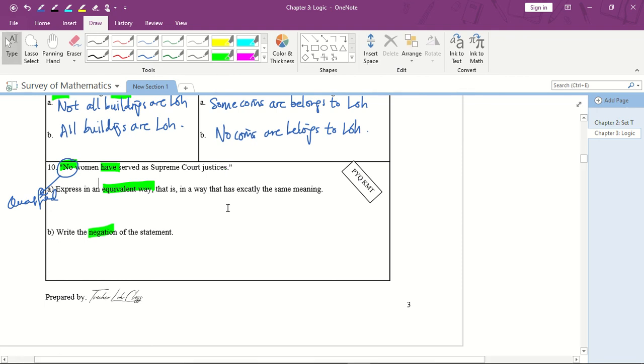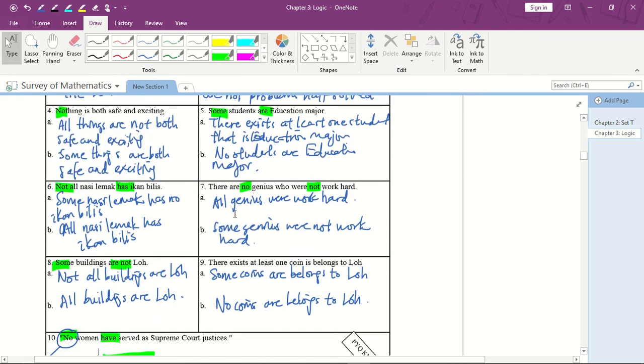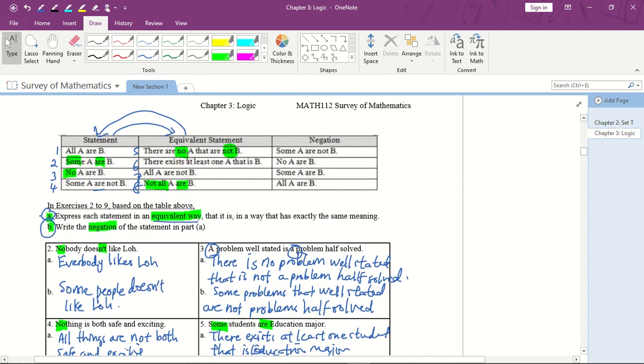Okay, so once you know this one, let's look back at the table above. Think about it, which is the statement here? Let me repeat the question. No woman has served as a Supreme Court justice. If you notice clearly, you will know that it is actually statement number 3, the third statement. Instead of using are in the question, it uses have.